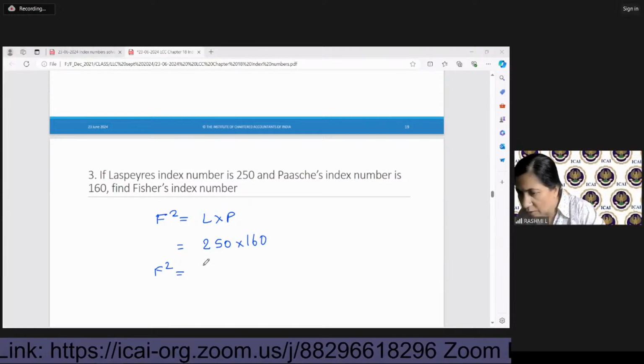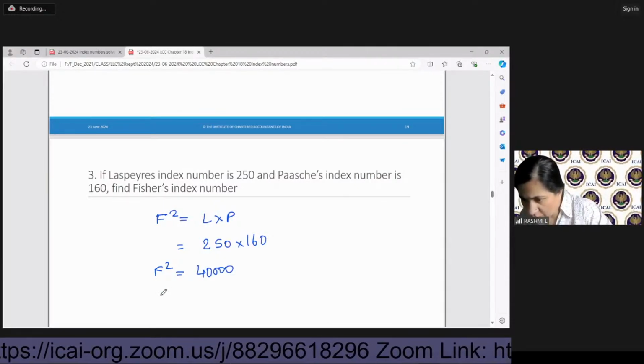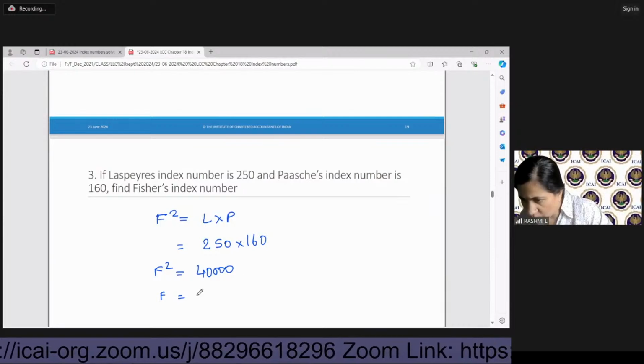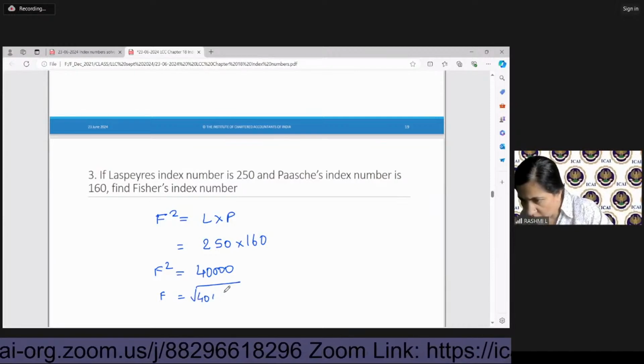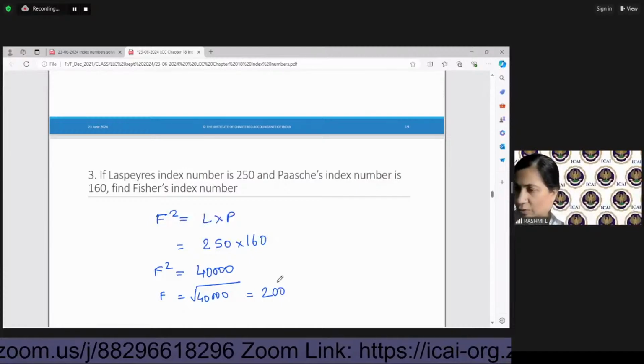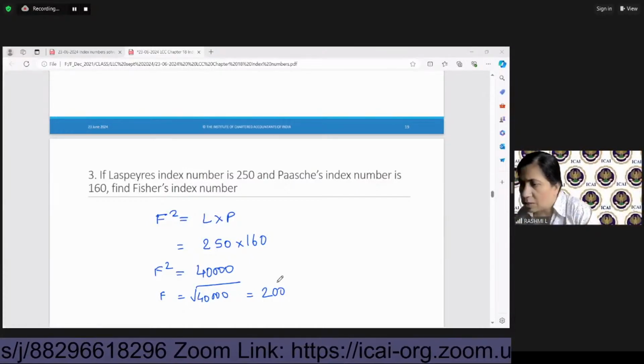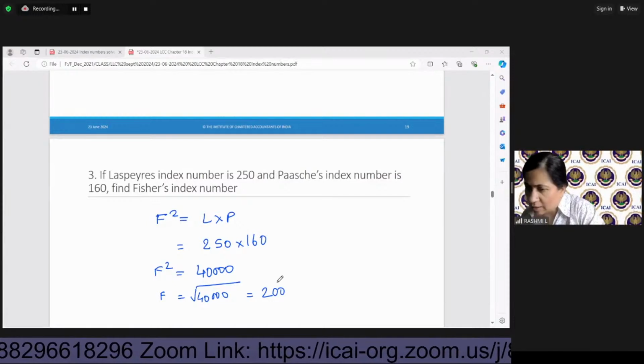Okay, 40,000? Yes. So F will be equal to square root of 40,000, which is equal to 200. So Fisher's value is 200. Yes, Anushka, Reshma, Ishika, excellent work.